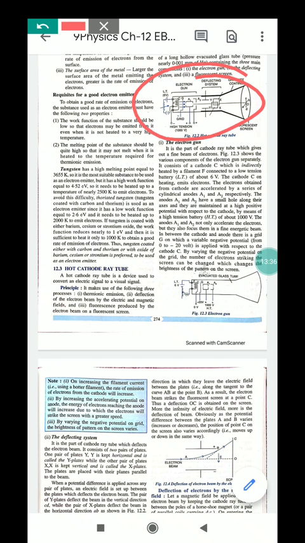Now, what are the design, construction and working of a hot cathode ray tube? We will read about the design, working and function of this tube.